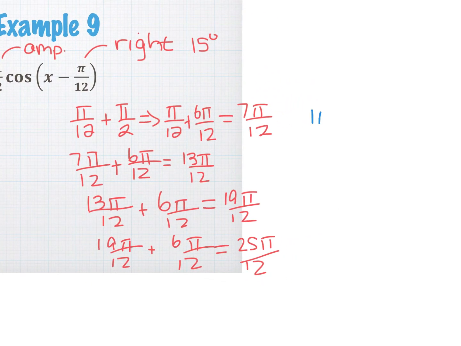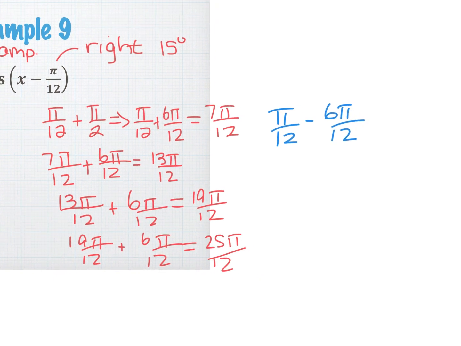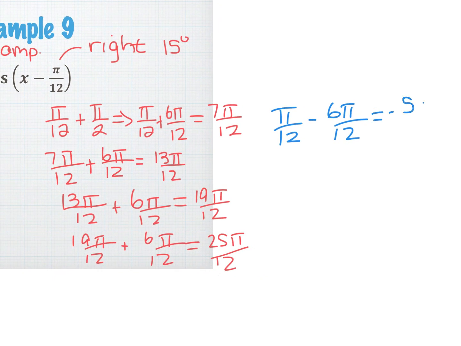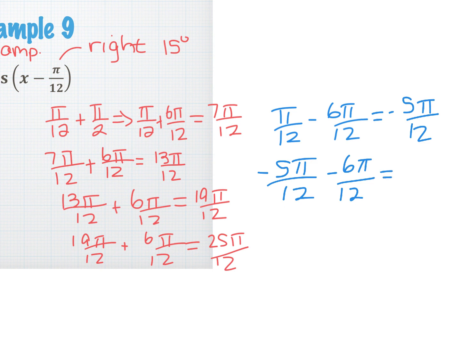So again, I'm taking my starting point, the pi over 12, subtracting the 90, but as a common denominator, remember it's 6 pi over 12. So this gives me negative 5 pi over 12. Take that answer, subtract pi over 2, but with a common denominator, it's negative 6 pi over 12.